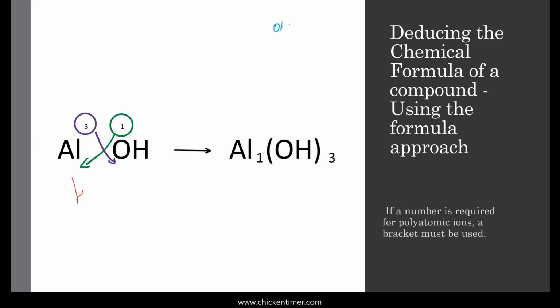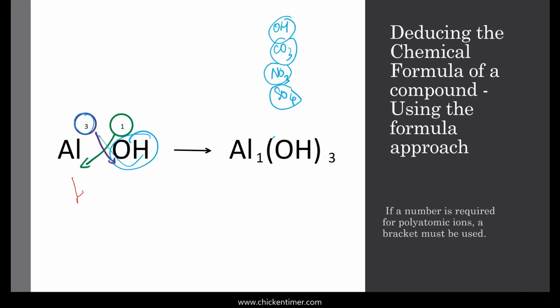something like a hydroxide, carbonate, nitrate, sulfate, all this, they all come in a group. So when you crisscross, you will find that this 3 will go to the whole hydroxide.